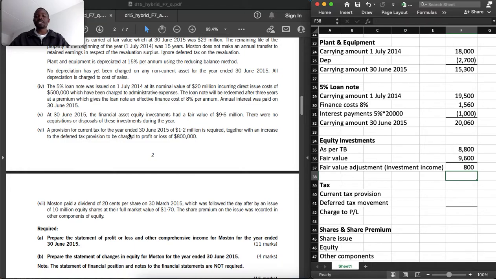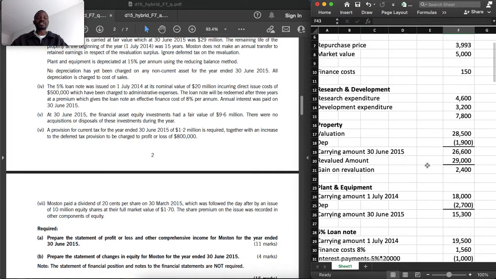The provision for the year ended 30 June of tax is 1.2 million, which is 1,200, like that. Together with the increase to the deferred tax provision, a deferred tax movement upwards of 800, needs to be added to the current tax.